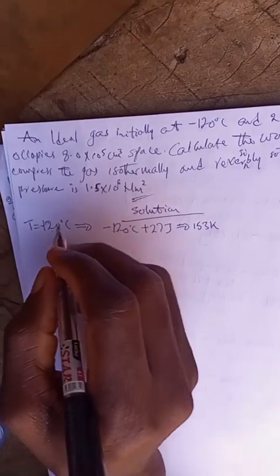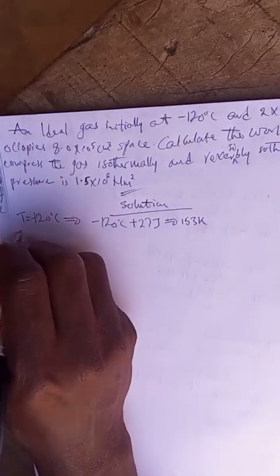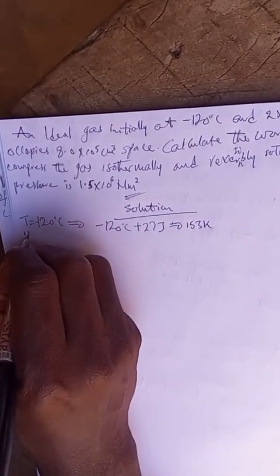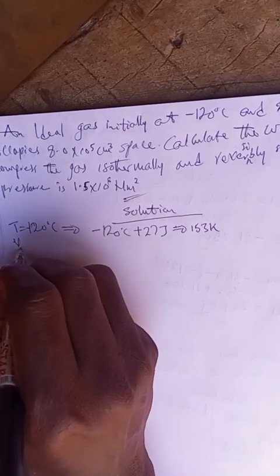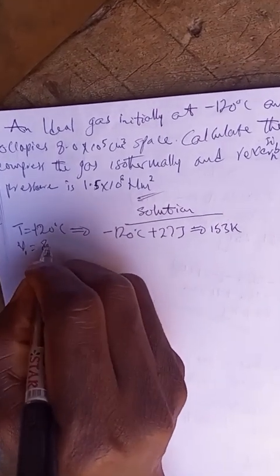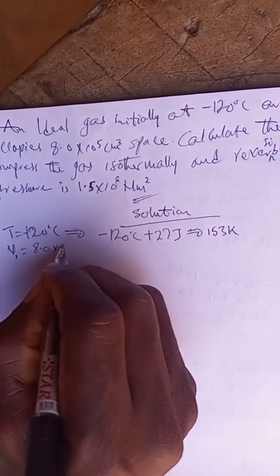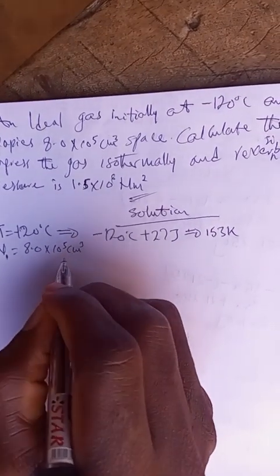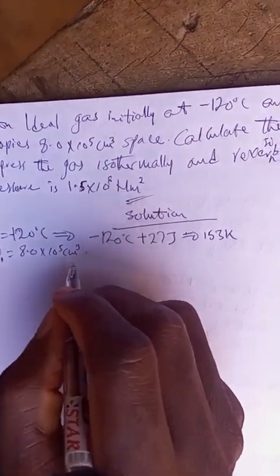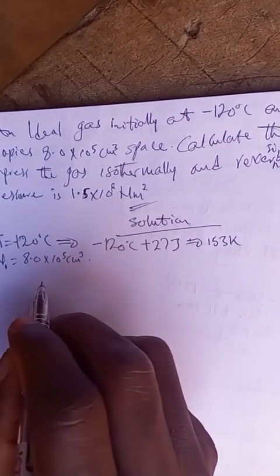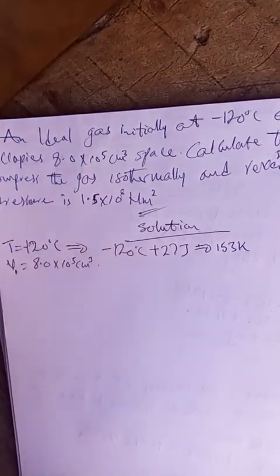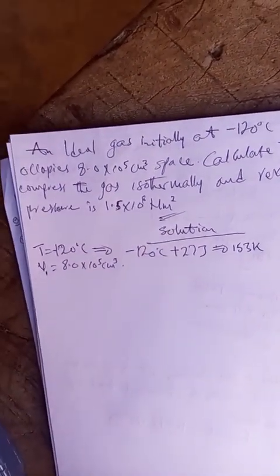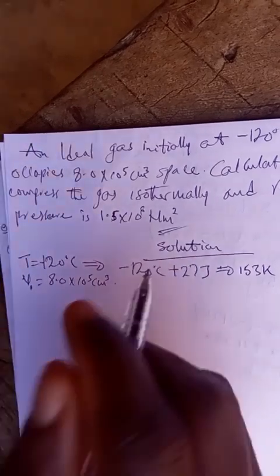Now, our volume. We are given only V1 here, which is 8.0 × 10^5 cm³. To convert this to cubic meters, just divide whatever you are given in cm³ by 1 million, since 1 cubic meter is equal to 1 million cm³.